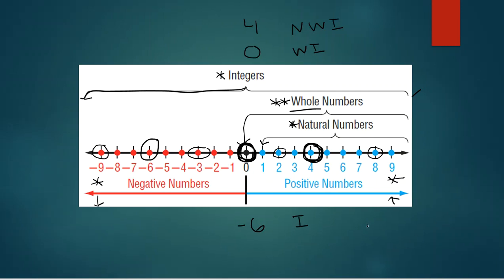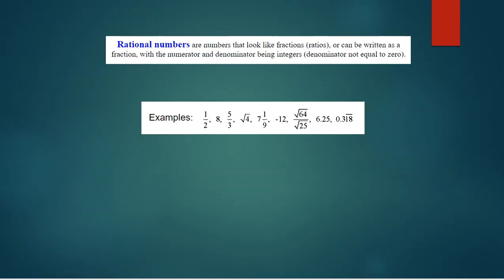Now there is another set of numbers that we need to talk about, and those are rational numbers. Rational numbers are any numbers that can be written as a fraction. So if a number can be written as a fraction, then we would classify it as a rational number. Another stipulation for rational numbers is that the denominator cannot be equal to 0.